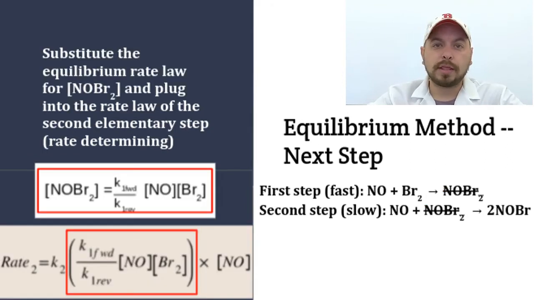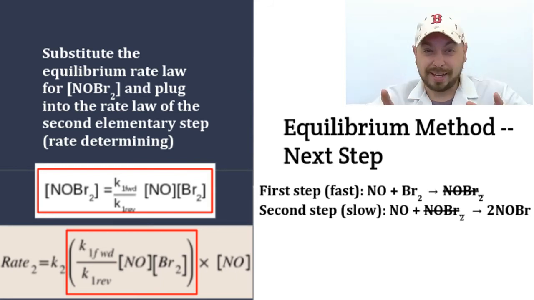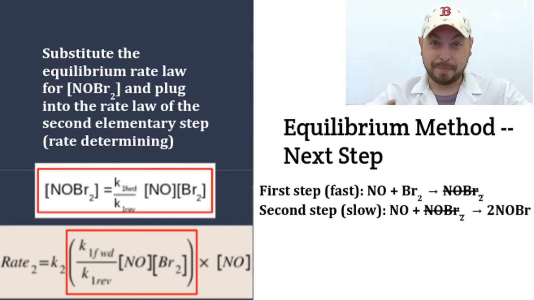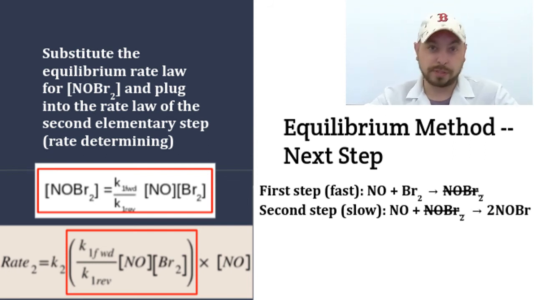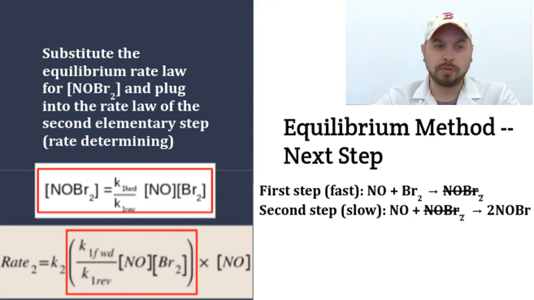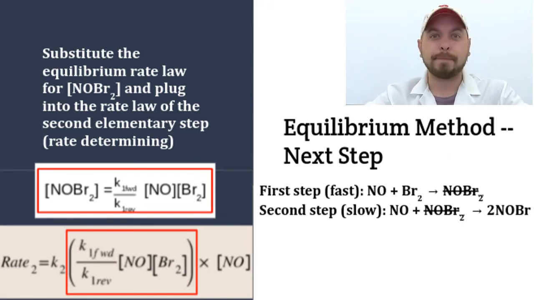Now, admittedly, this looks ugly. Notice how when we substitute in k1 forward over k1 reverse times NO times Br2 for NOBr2, it gets kind of messy, because it's k2 times k1 over k1 reverse times NO times Br2 times NO. Like, that's complicated.